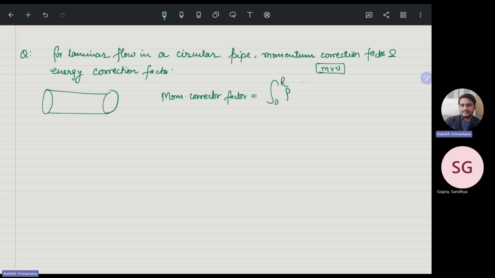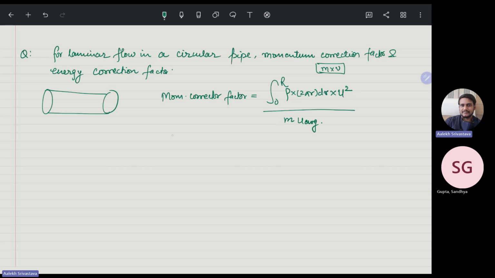So you need to differentiate mass, rho into 2 pi r dr. This is your area into u, that is velocity. This is mass into u square. So this is momentum, divided by m into u average. So this is the momentum correction factor.